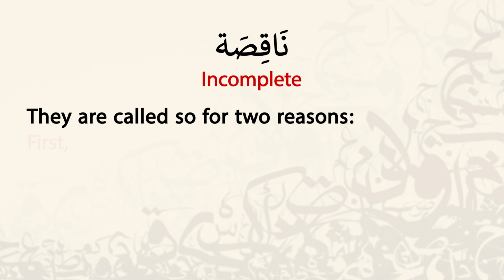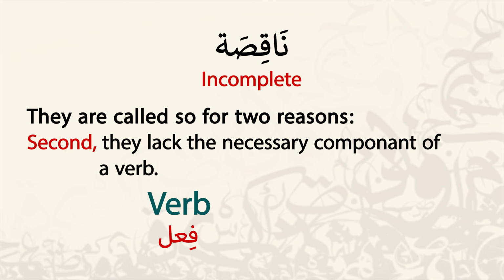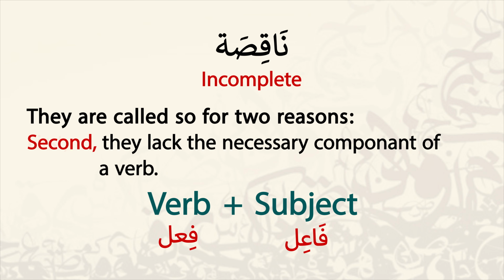And the second reason for being incomplete is they lack the necessary components of any verb. As we studied in Lesson 7, a verb in a verbal sentence must have a subject, فاعل, and in some cases, مفعول به, an object. But these verbs don't have either of them. That's why we call them incomplete verbs, أفعال ناقصة.